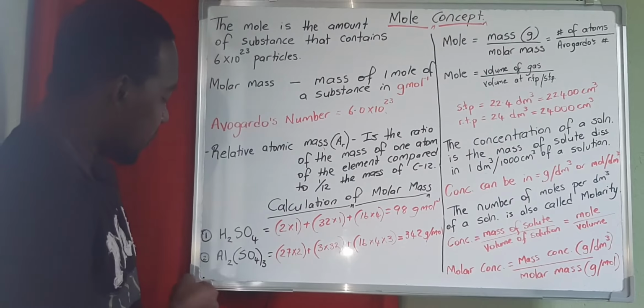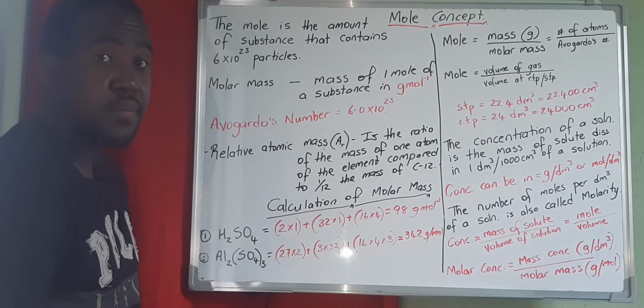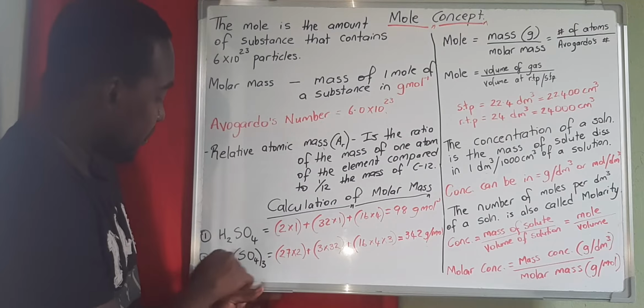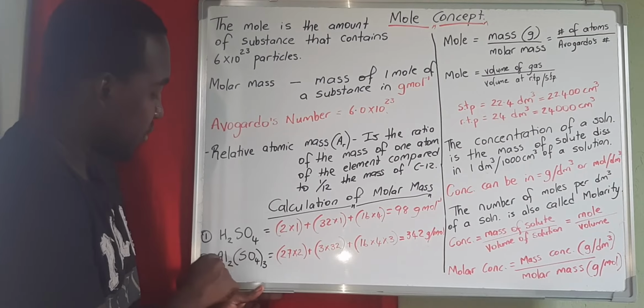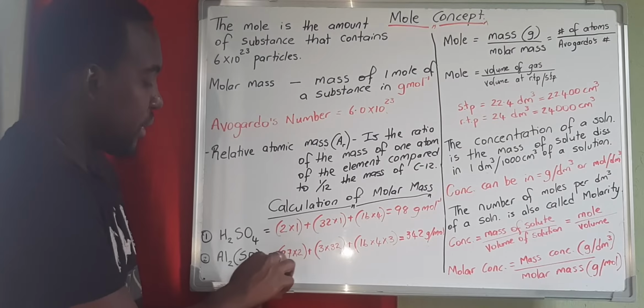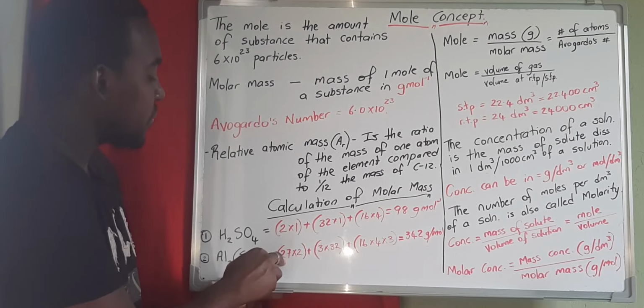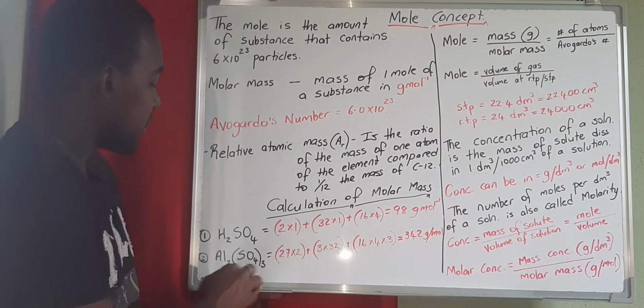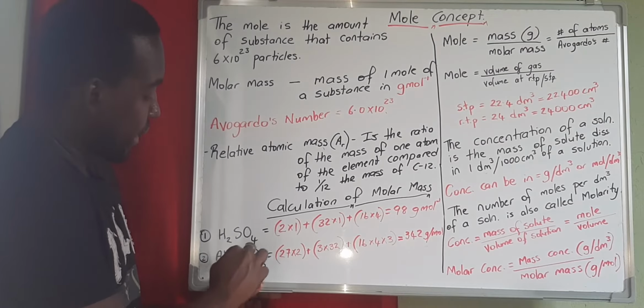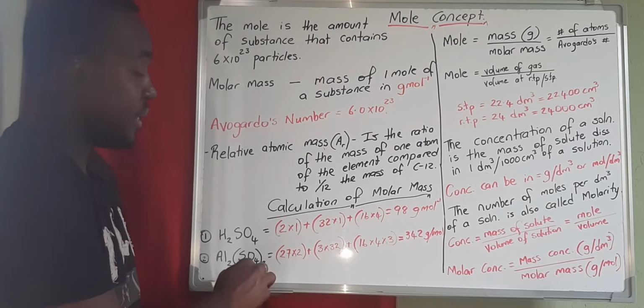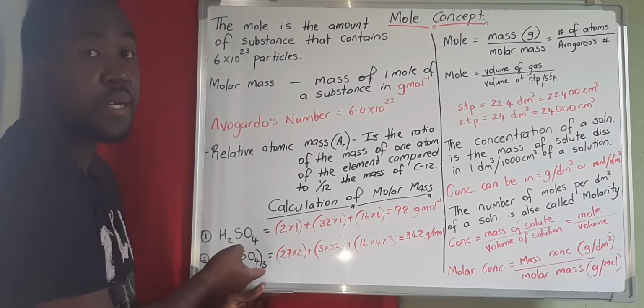Next, we have aluminum sulfate. We know there are 2 aluminum, and the mass of aluminum is 27, so 2 times 27, plus we have the bracket with a 3 outside, which means whatever is inside the bracket is multiplied by 3.